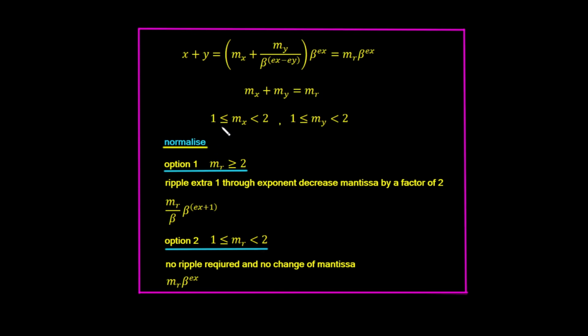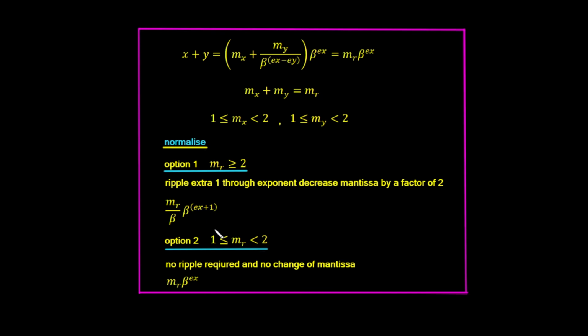So if we got a value for MR which is greater than or equal to 2, then we're going to have to ripple through that extra 1 through the exponent, and we're going to have to decrease the mantissa by a factor of 2. So the final result would be given by MR upon beta, and it would be times beta to the EX plus 1.